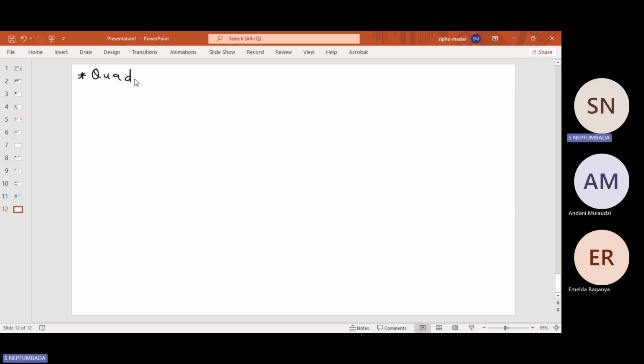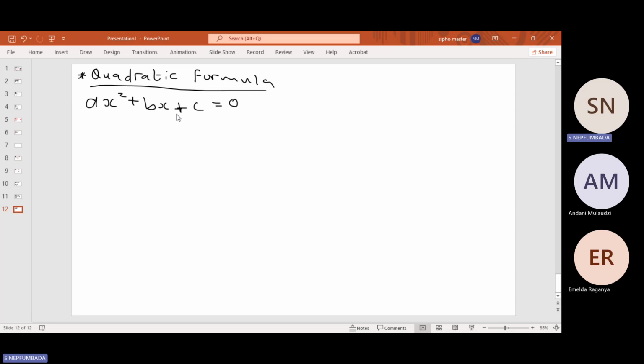Quadratic formula. You know this one. Go and take free marks, guys. Okay? If we've got ax squared plus bx plus c equals 0.